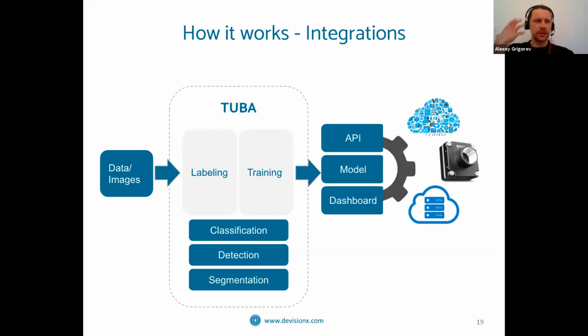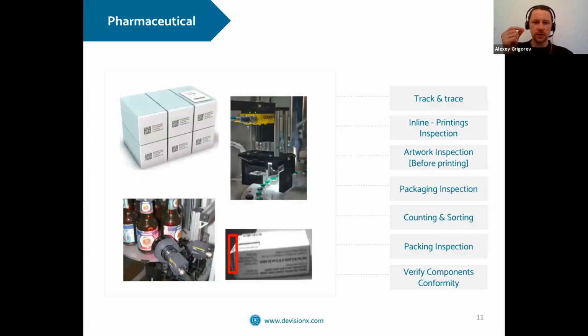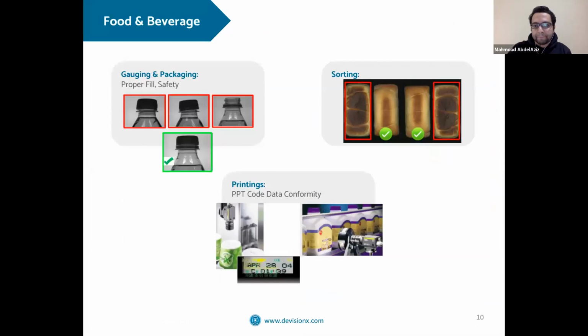So let's say I remember one of the examples was about bread. I assume there is a line with bread, and you take pictures of the bread as it goes on the line, at certain intervals, maybe every minute.